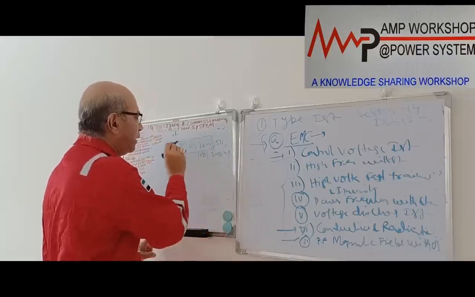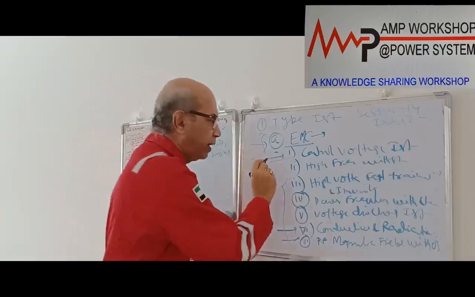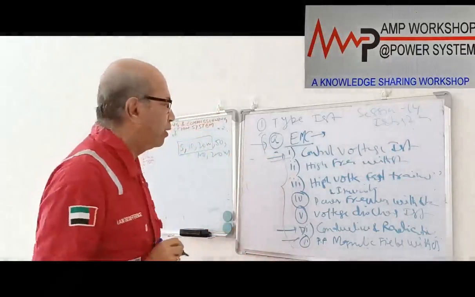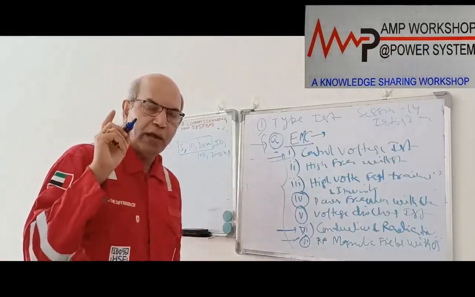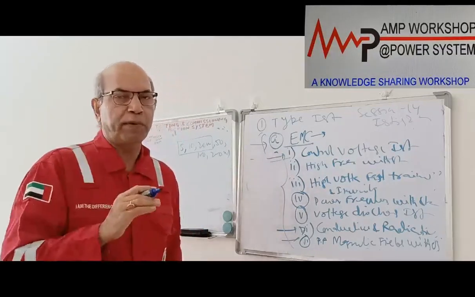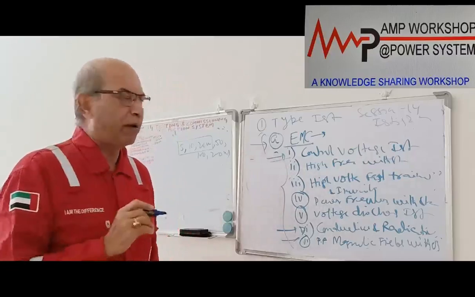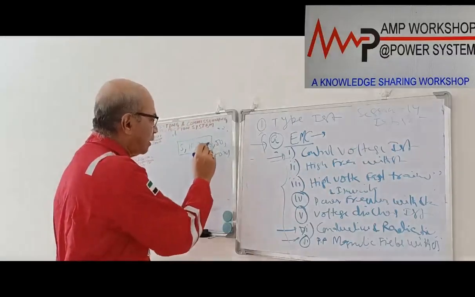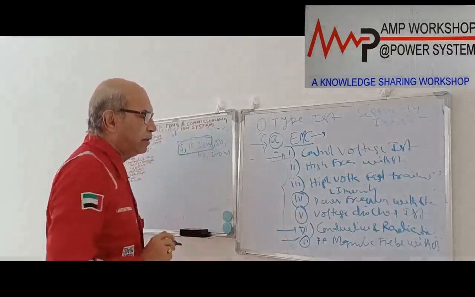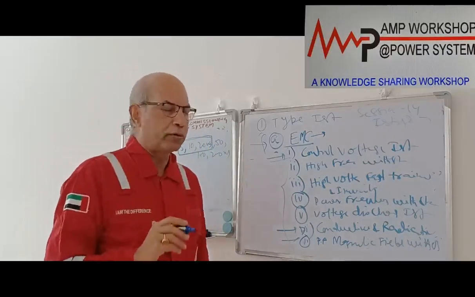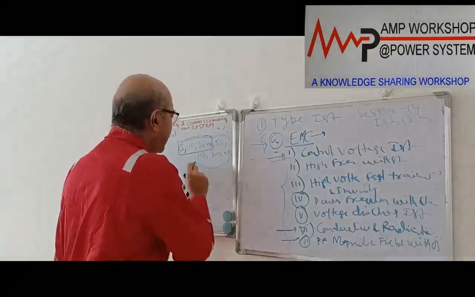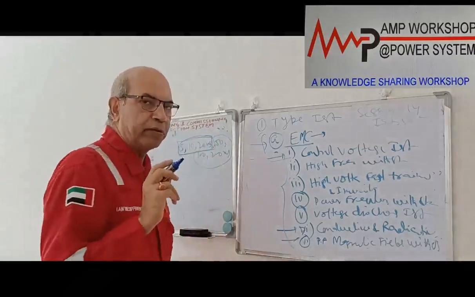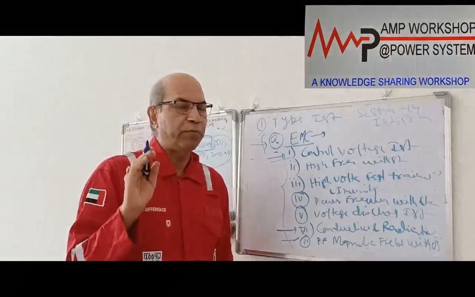Up to 20 millisecond, if the DC control supply fails in the system and is not available, the relay should not mal-operate, and the relay does its own job, and should not drop out. If the control power supply is missing for 20 millisecond, the relay should not drop out. But if it is more than 20 millisecond, the relay may drop out, but relay operation will not be disturbed.